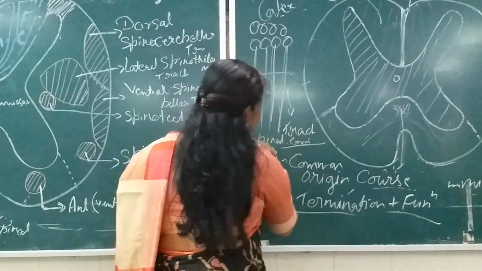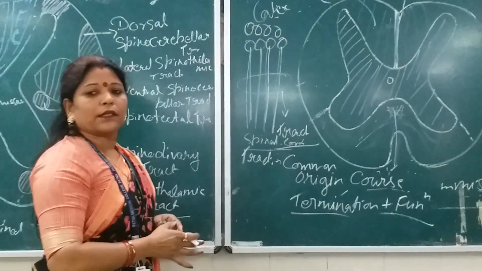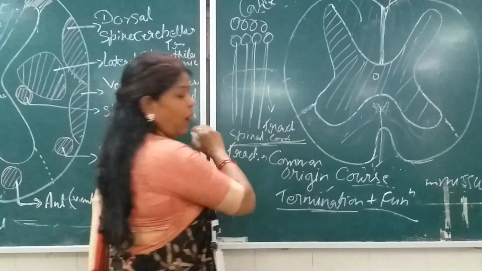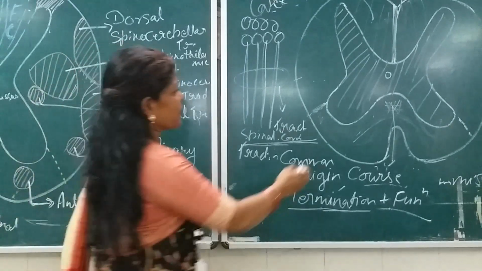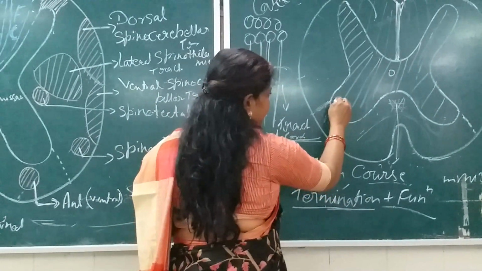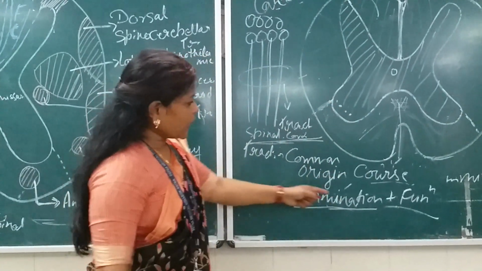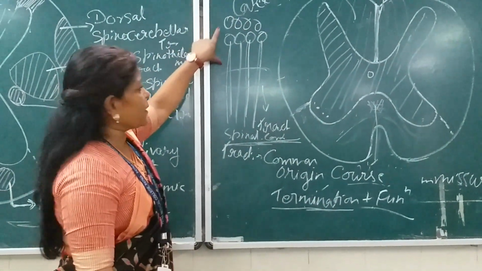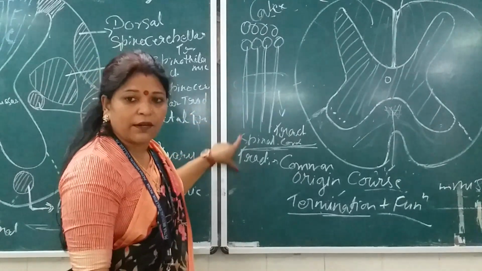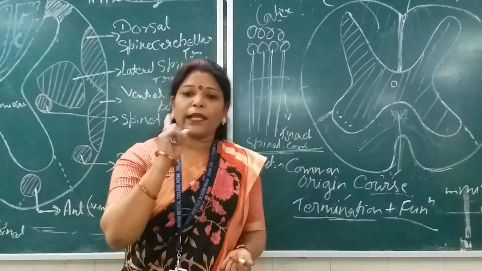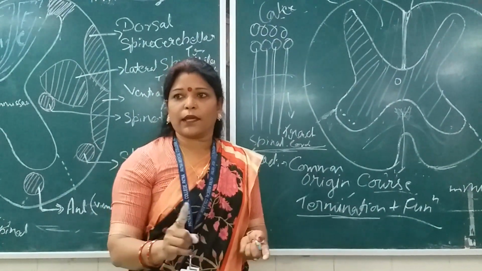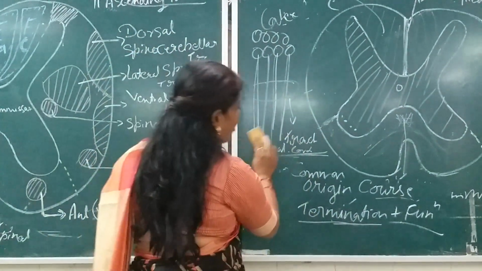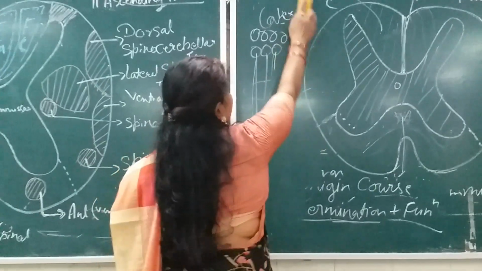They will terminate at a very specific point, the ventral grey horns of the spinal cord, the anterior grey column, and have a common function. If it is a corticospinal tract, all the axons running from above downwards will have the same function. That is a very important point for the tracts. All tracts have common origin, course, termination and function.